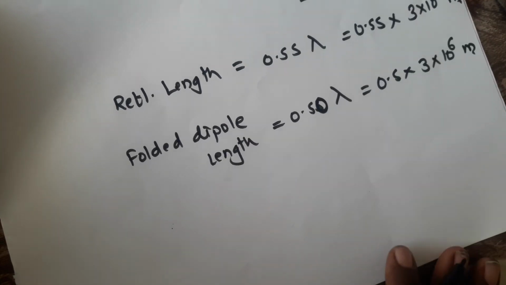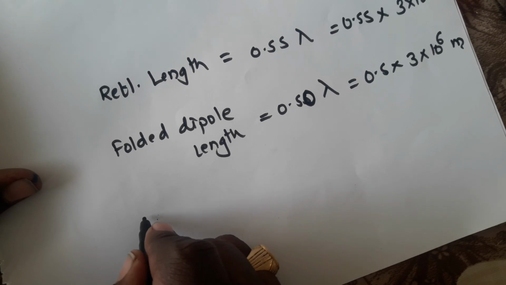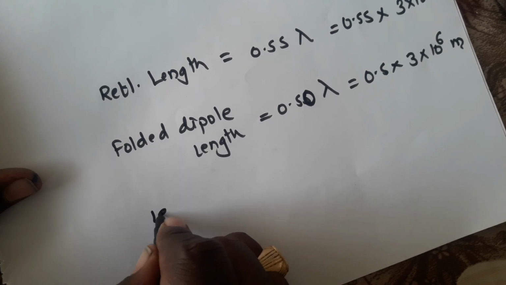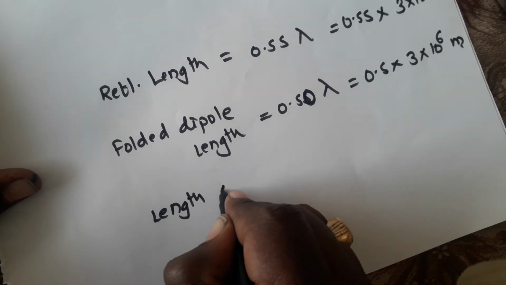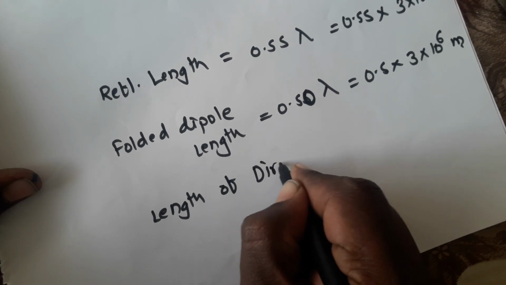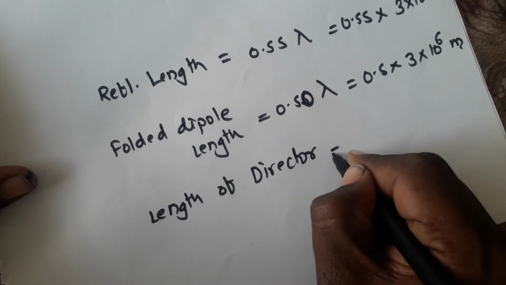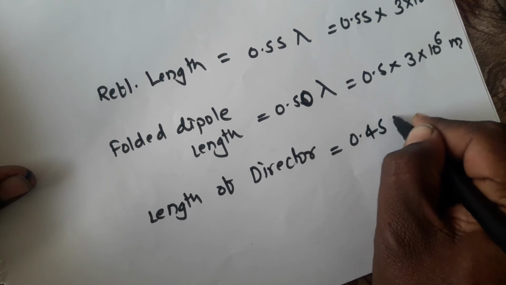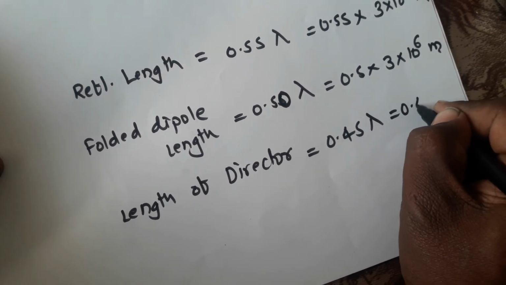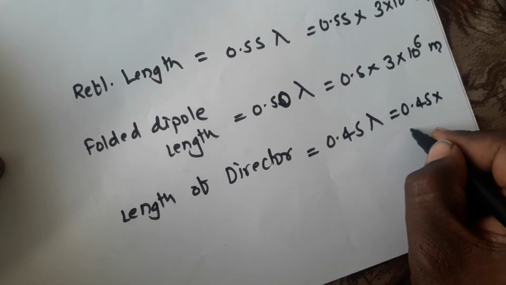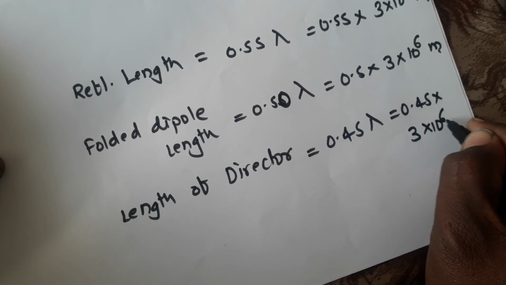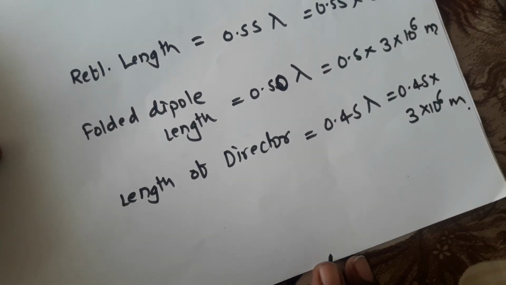You just have to do the calculation. And to calculate the length of the director, the length of the director is equal to 0.45 lambda, which is 0.45 into 3 into 10 raised to 6 meters. Just calculate the equation.